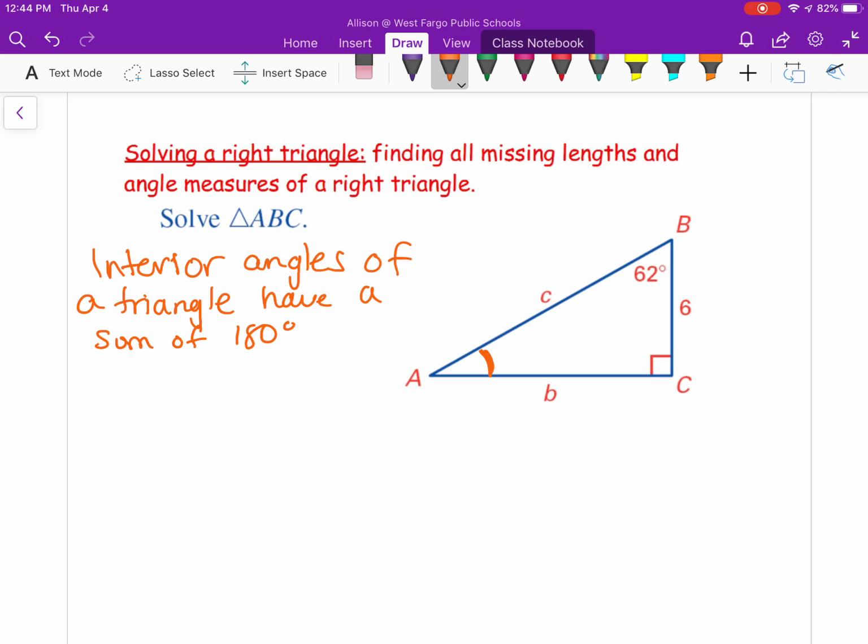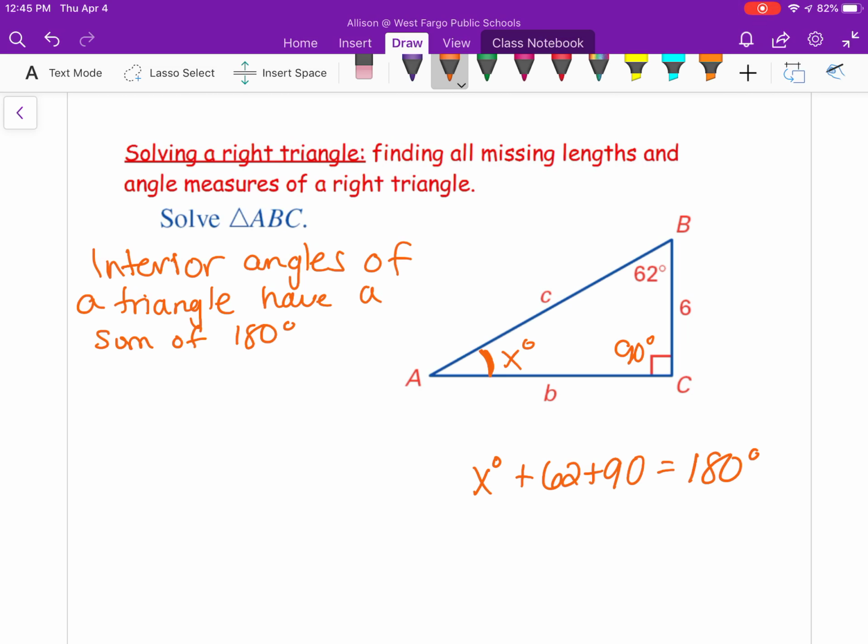So that means when you add these up, here we got 90 degrees, and here you don't know what this one is, x degrees, or measure of angle A. So you know that measure of angle A, or x, plus 62 plus 90 is supposed to equal 180 degrees altogether.